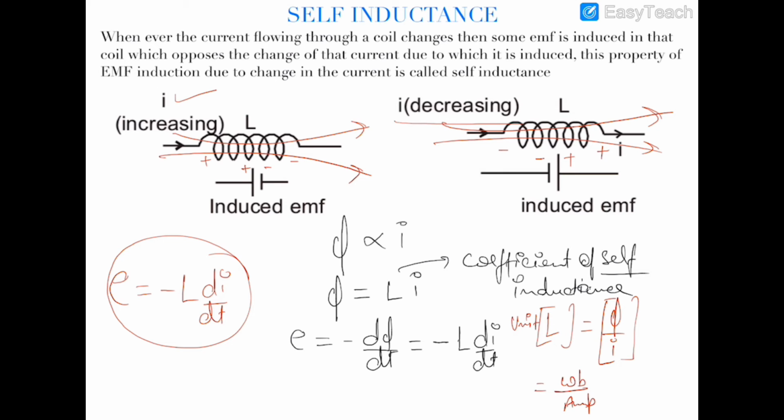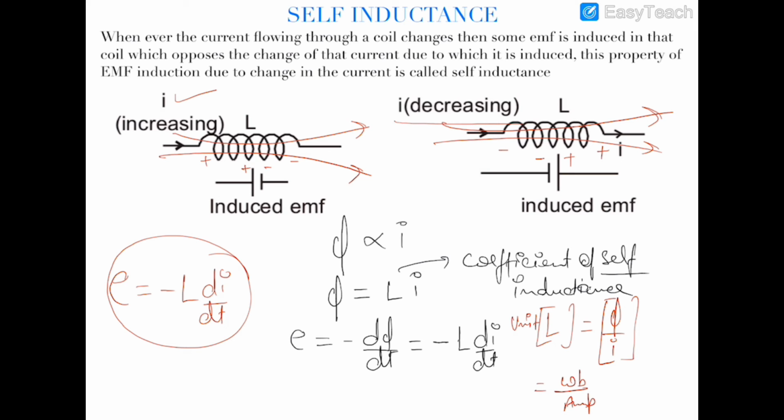So this is known as mutual induction, because the changing current in any one coil is responsible for the EMF induction in the other coil. But in this case, the changing current in the same coil is responsible for the EMF generation in the same coil. So it is known as self-induction, because this EMF is induced due to the change of current flowing in the self coil or the same coil.